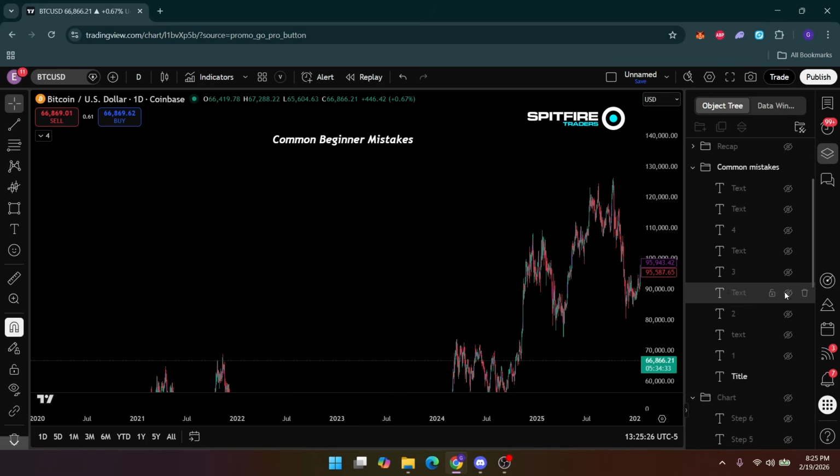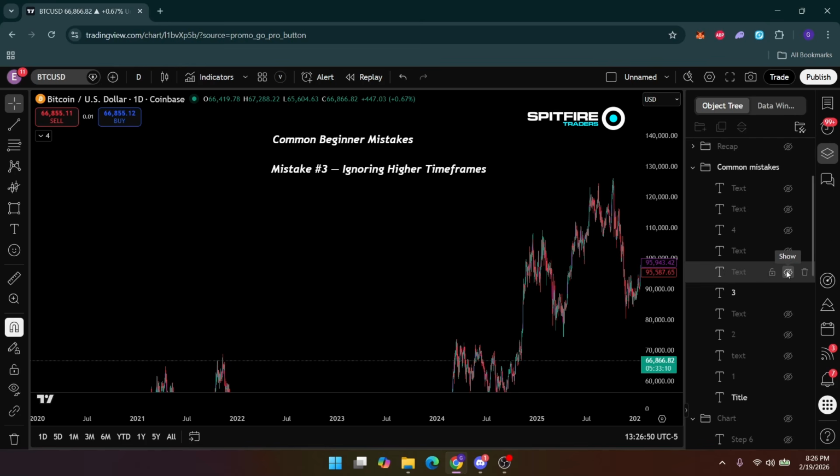Mistake number 3. Ignoring higher time frames. Another massive mistake beginners make is focusing too much on the lower time frame. They'll zoom in into the 5-minute chart, spot what looks like a perfect setup, and take a trade, without realizing they are trading directly into a major higher time frame level.